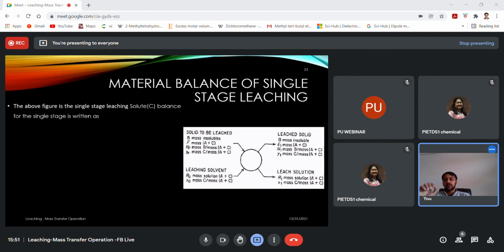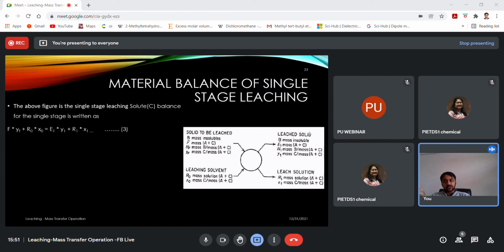Now, if we do the solute balance for the single stage, solute balance means our solute C. That compound C has to be extracted from the solid. So feed into YF, where YF is the mass fraction of solute available in the feed, plus R0. What is R0? R0 is the solvent quantity.